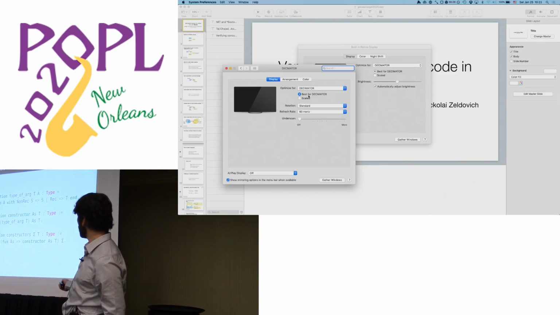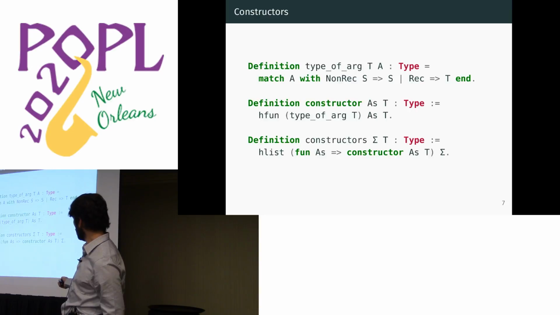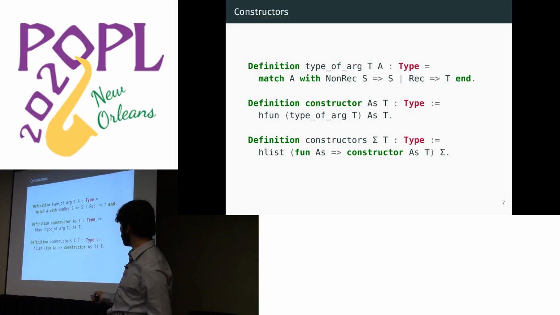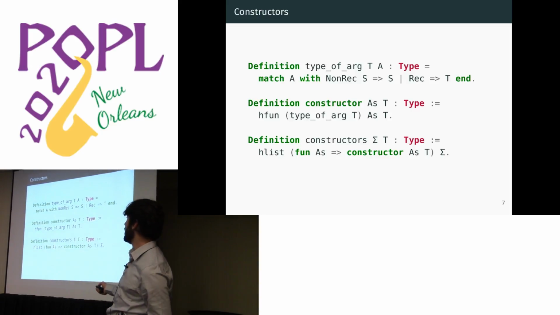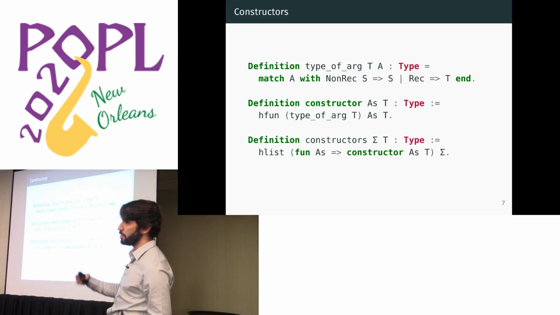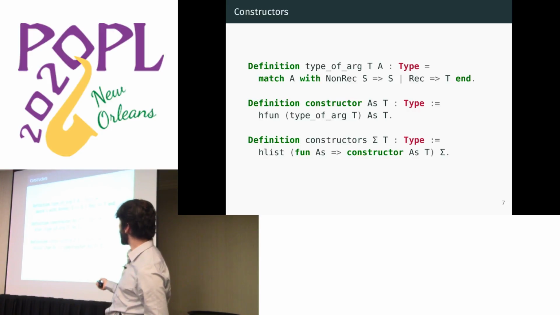Suppose they have some signature sigma, and the type T that we are trying to prove is inductive. The type of constructors for that data type is simply a heterogeneous tuple of all the constructors of the data type, where a constructor is defined as a heterogeneous function taking arguments according to the arity of the constructor, and the type of the argument of the constructor is simply, well, if it's a non-recursive argument S, then it's just S. If it happens to be a recursive argument, then it's simply the type T that we're trying to represent. Okay?